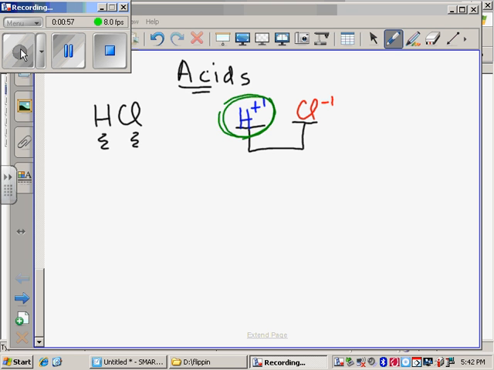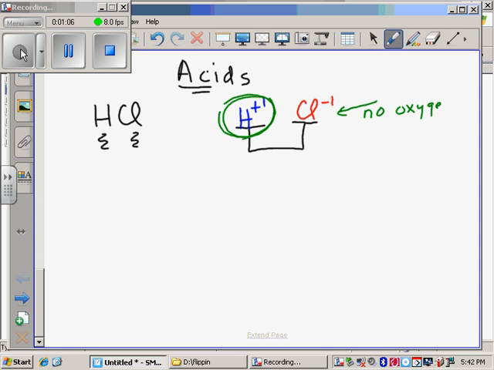So what is the acid naming system? The acid naming system depends on what your anion is. If there are no oxygens in your anion, then you use a naming system that involves the prefix hydro. So this is hydro because there are no oxygens in the anion.